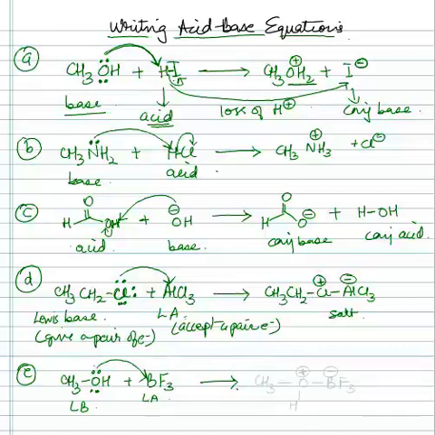In this case, this is forming a new bond. So CH3O, do not get rid of the hydrogen, that is still there, and then we have the BF3 over here. Boron received the electrons, so it became negative. Oxygen gave the electrons, so it now has a formal charge of +1. So that's the salt that you end up forming.